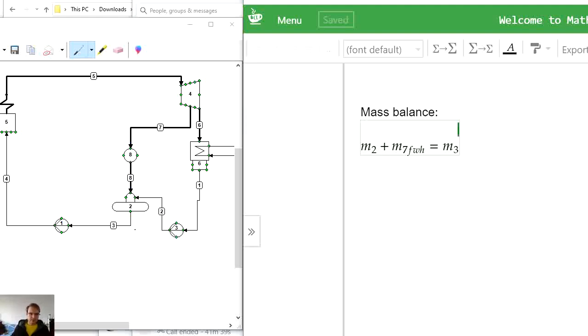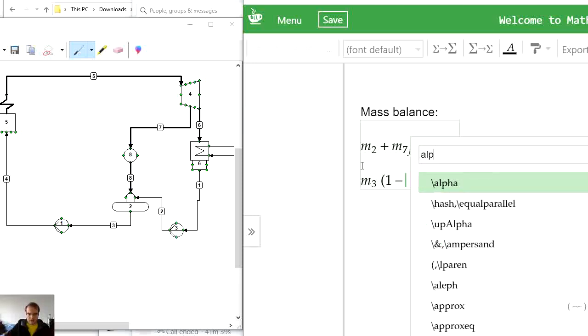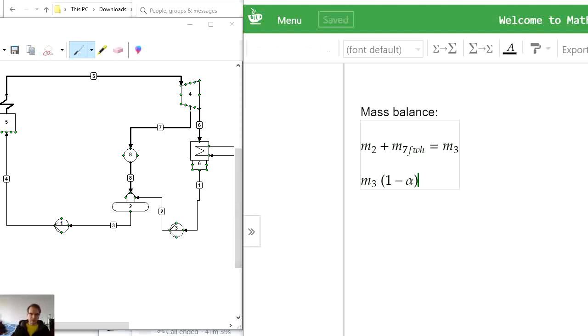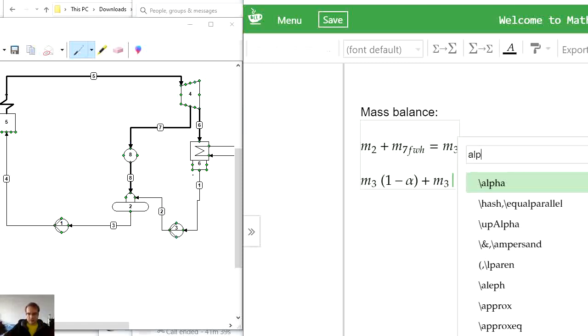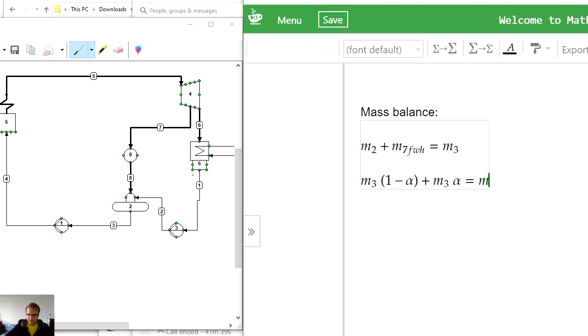And if we say that M3 is some fixed value, we can also write the same equation as M2 is M3 times 1 minus alpha, where alpha will be the relative flow of the steam in the bleed compared to the overall flow to the turbine inlet, plus M7 feedwater heater is M3 times alpha, and this is equal to M3.